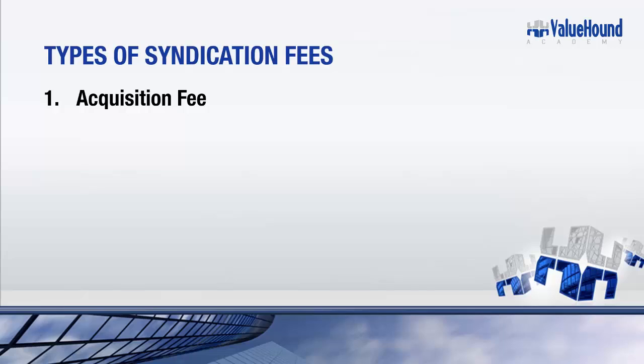You've got to spend all the time going out and getting financing, putting the debt together, putting the equity together, and getting the deal closed. That takes a lot of time and a lot of effort. So you can get paid an acquisition fee for putting that all together of anywhere from 0.5 to, I don't know, 3%. I've seen it higher.